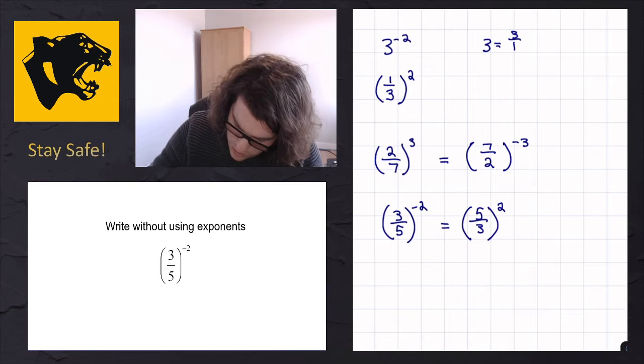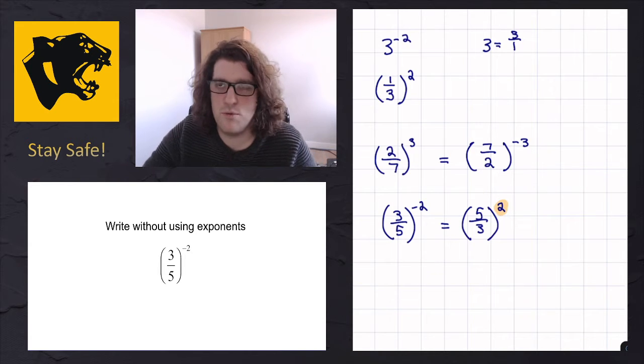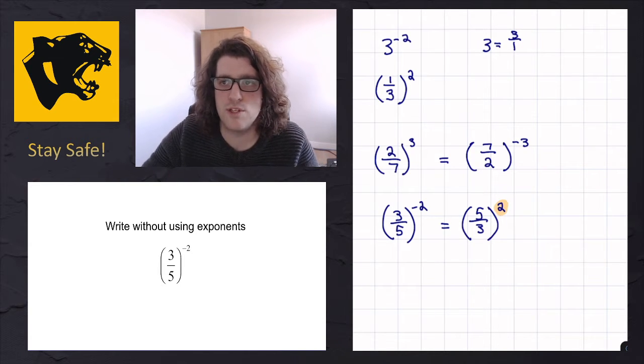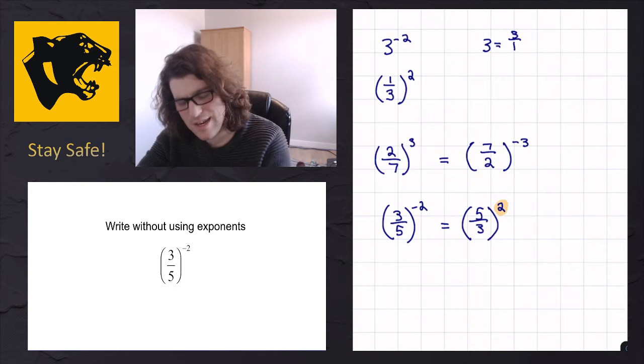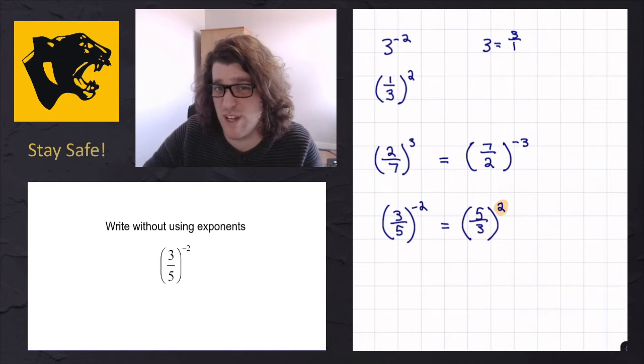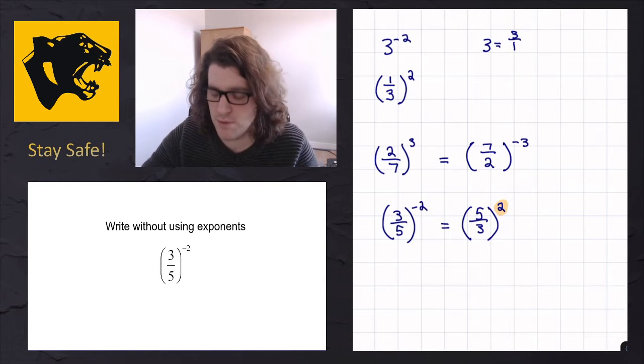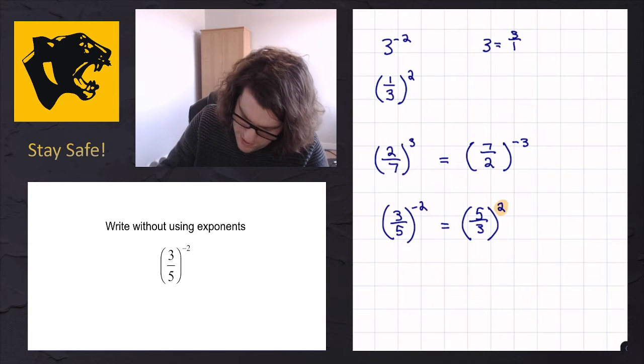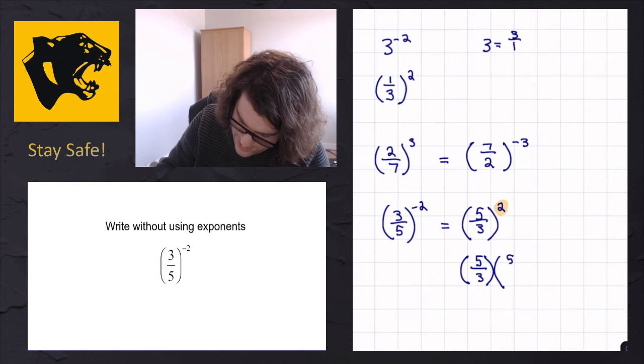However, at this point, we need to know how to interpret how the square on the outside of this bracket affects the fraction. Now, I could, I guess, do this avoiding any sort of exponent laws at all. Maybe that's what I'll do for this time. So something squared is the same thing as taking that something and multiplying it by itself.